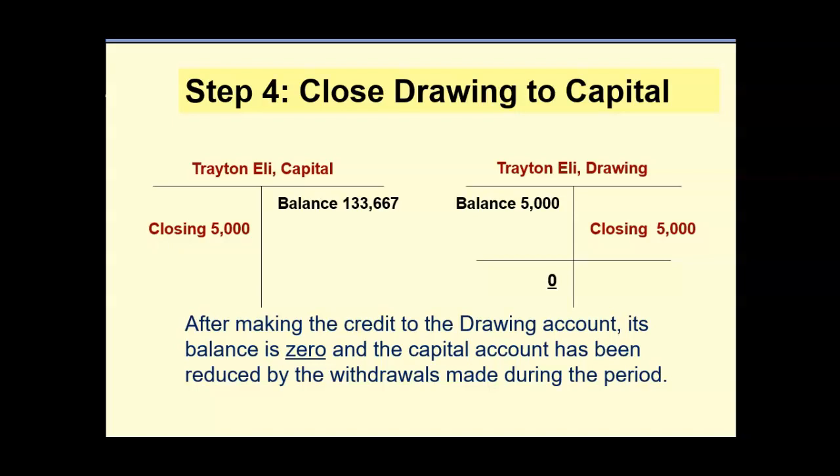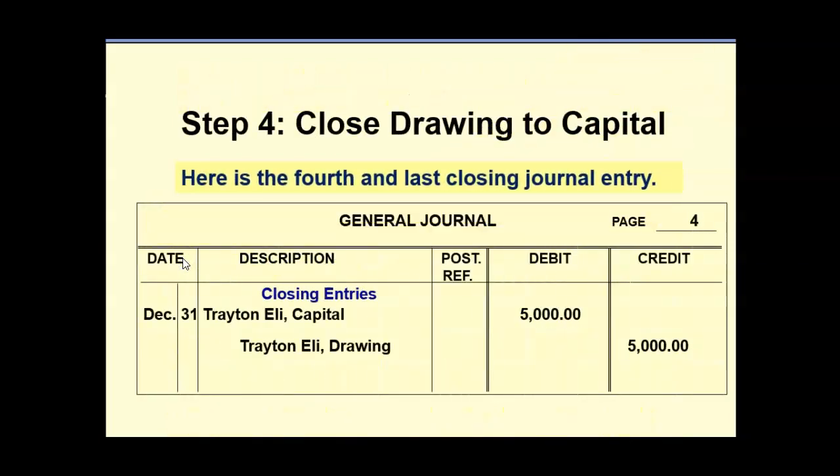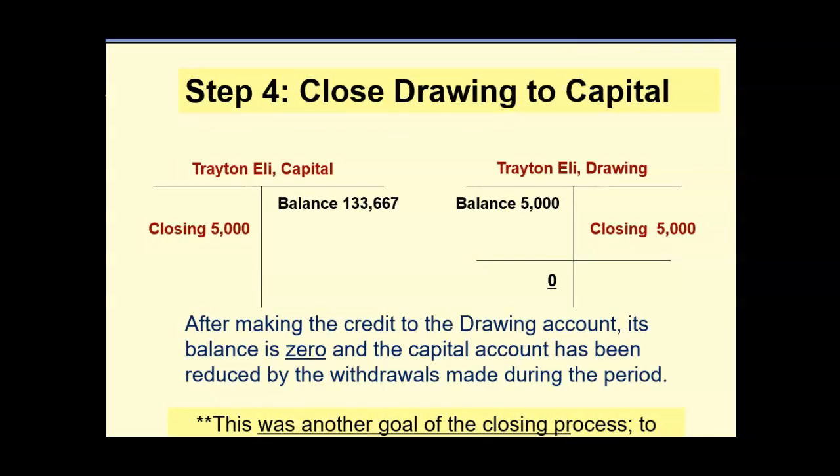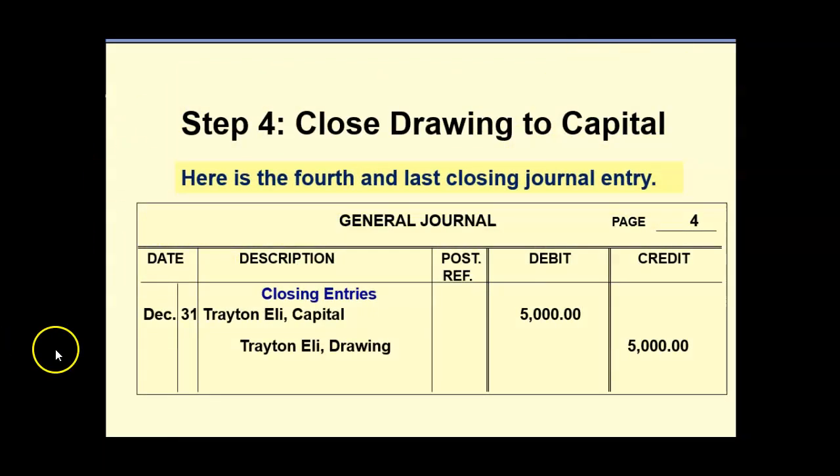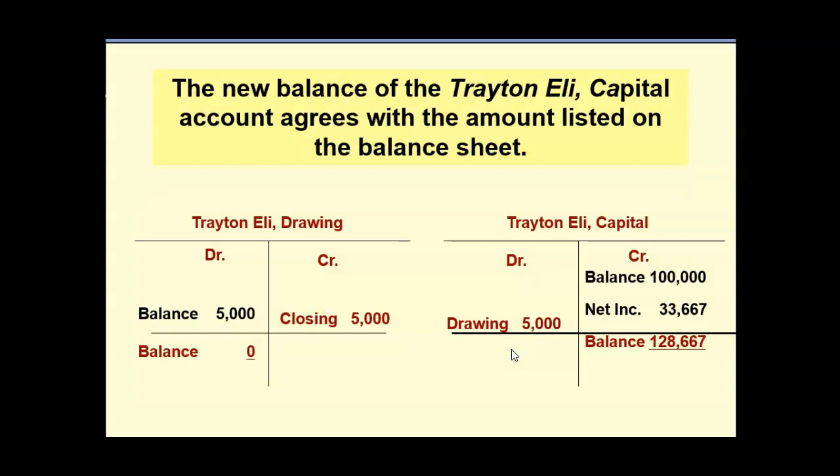And it makes sense because how does a withdrawal impact your capital? It will make the account decrease. The capital account is going to decrease on the debit side. Okay? So once you record this transaction, you would debit the capital account, credit the drawing account in the amount of $5,000.